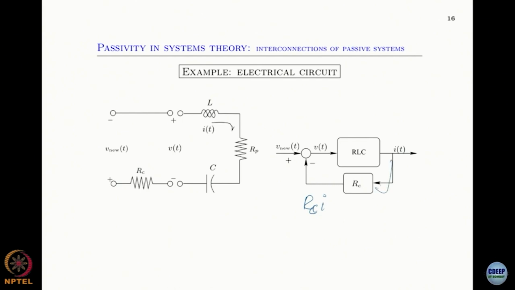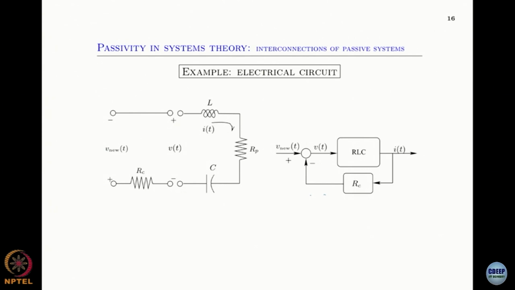Because the input and the output are basically the same, just scaled by some constant. So it comes to connecting this over here, right? So I'm adding this resistor into my circuit, and now I will have a new input. I will be measuring the voltage from these terminals.